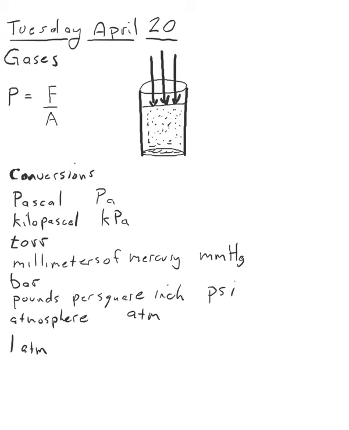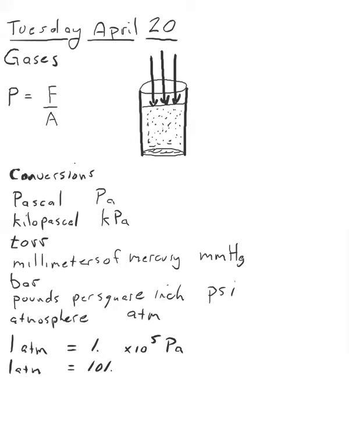The first conversion is pascals. 1 atmosphere is equal to 1.01 times 10 to the 5 pascals. The Pascal is pretty small, so there's a lot of pascals in 1 atmosphere. I'm sorry, it's 1.013.